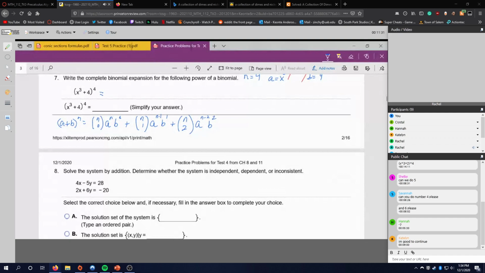Remember the pattern? The exponent on A starts at n and goes down 1 every time. The exponent on B starts at 0 and goes up 1 every time.